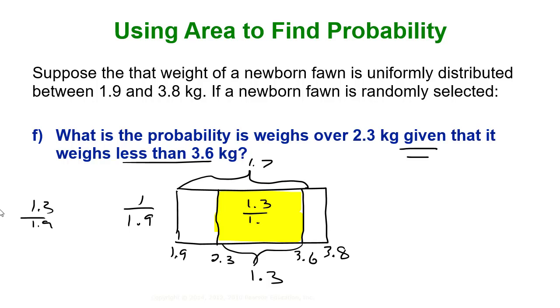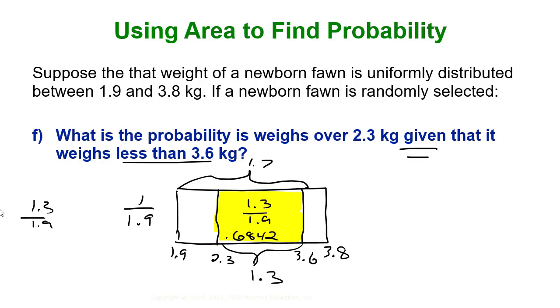1.3 over 1.9. And if we do that in our calculators, we're going to get a nice fun decimal of 0.6842 if we round. So that is the good area that we're looking for, right? But that's not our answer, because we want to know the probability that this happened given that we were only within this area.